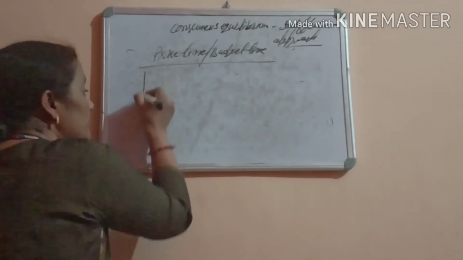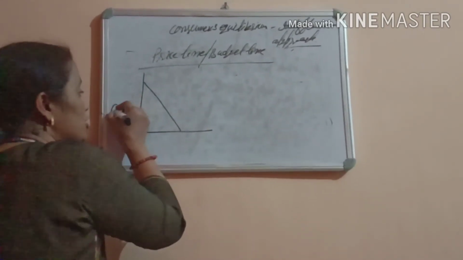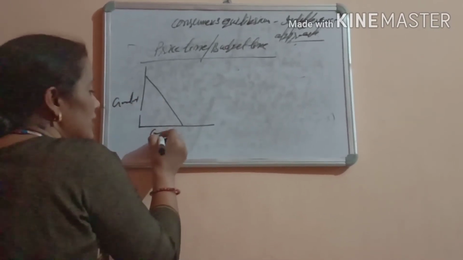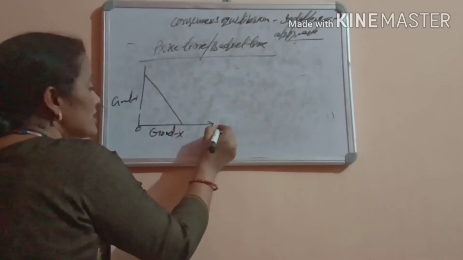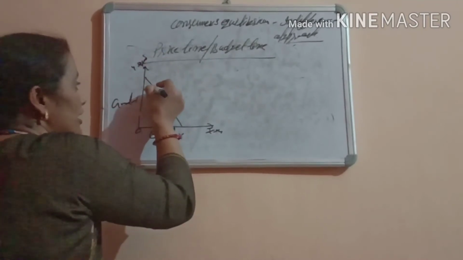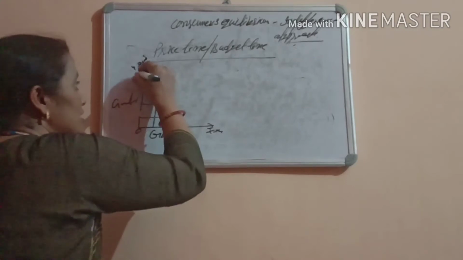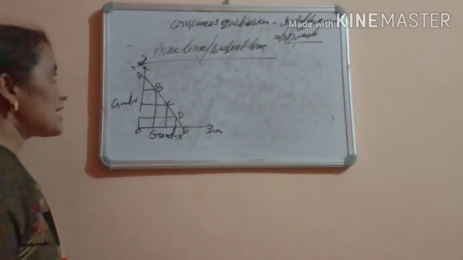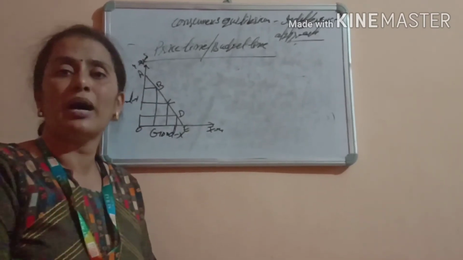So what do you mean by the budget line? The budget line shows the different combinations of two goods when the market price and income are constant. It means income और market price जब constant है तो ये क्या शो करती है, ये दो गुड्स के डिफरेंट कॉम्बिनेशन को शो करती है. इट मीन्स A, B, C, D and E. These are the different combinations of two goods when market price and income are given.